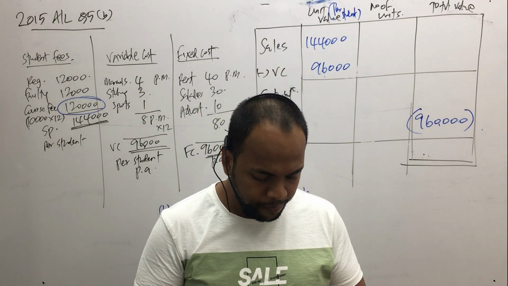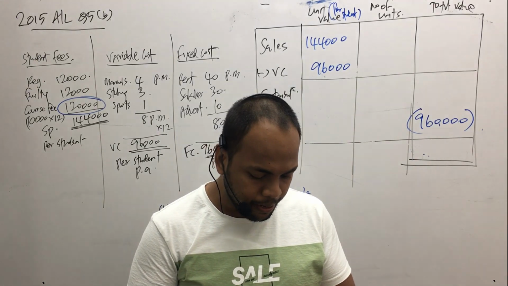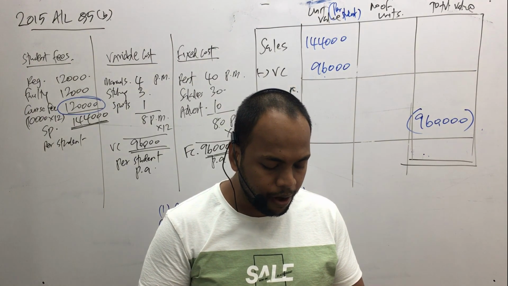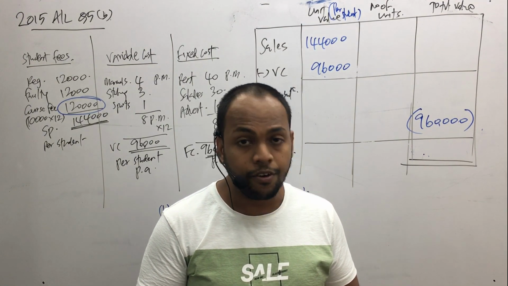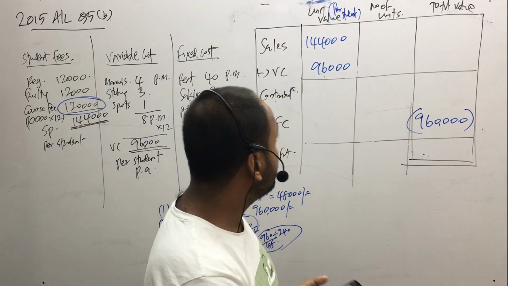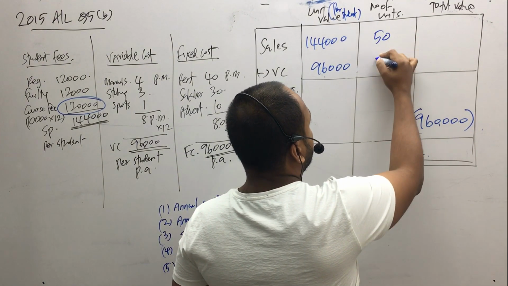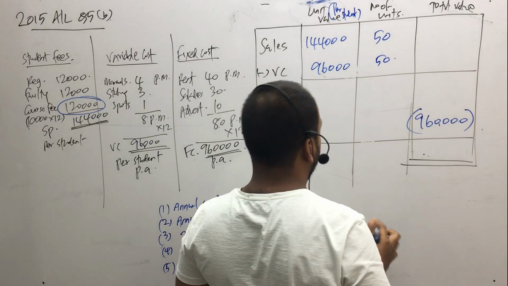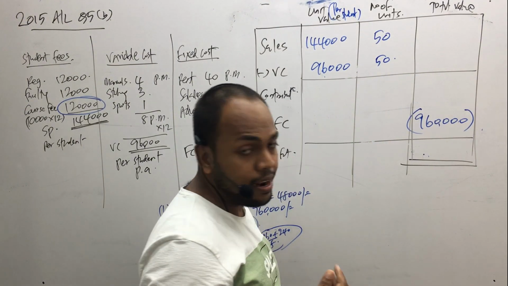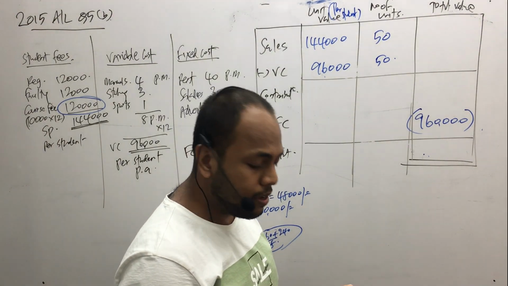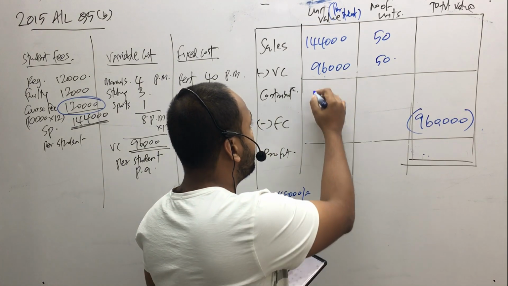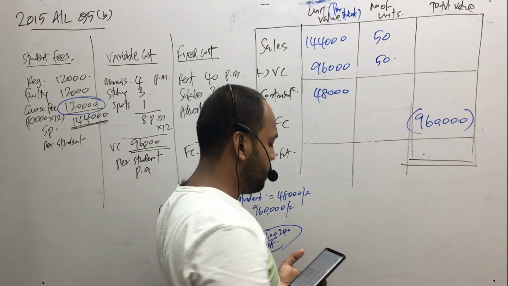So question number 5. If 50 students are admitted and the course fee of 10 of them are waived off, the expected profit or loss. Right? So we are admitting 50 students. So you calculate the contribution for 50 students. There are different methods. I will explain few methods. Already we have calculated the contribution, which is 48,000.